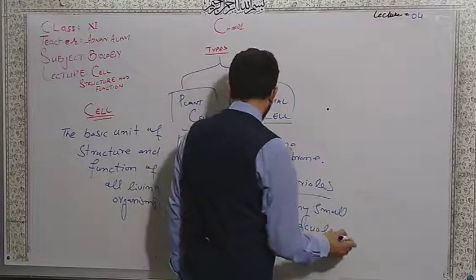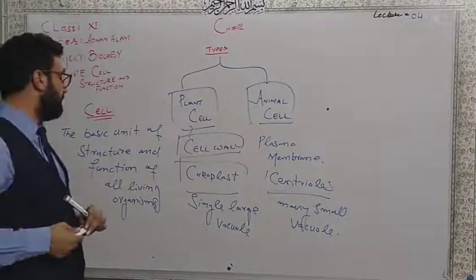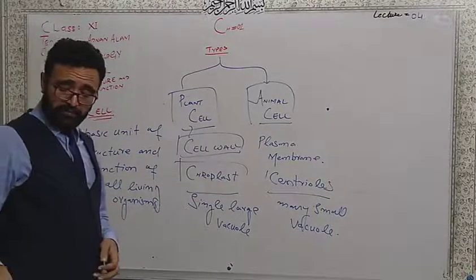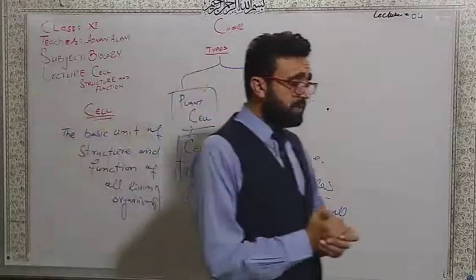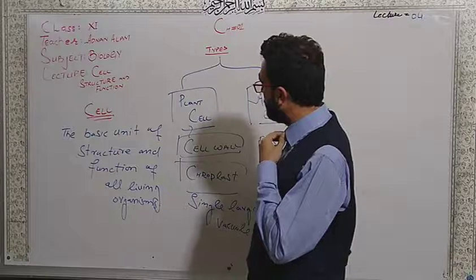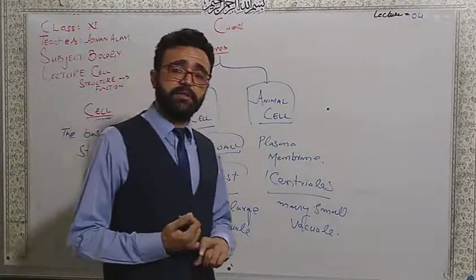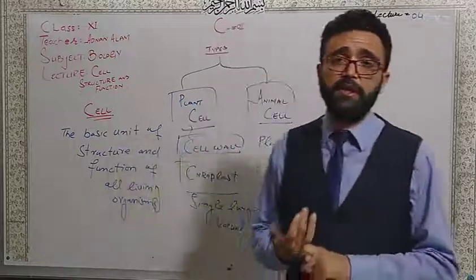Both of the structures are quite different from one another in a few aspects only. So in our coming lecture, inshallah, we will start the explanation of the different organelles and structures that are present in the cells of plants and animals.